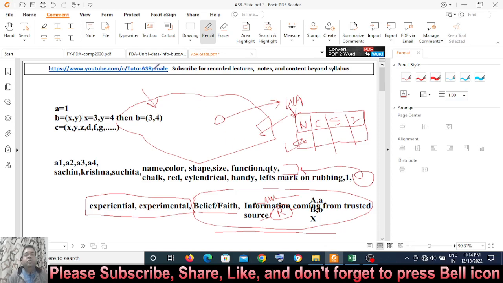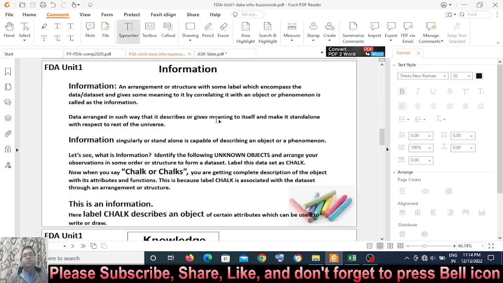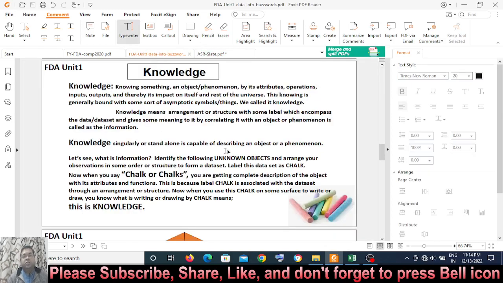Now let's go with the book classification of knowledge. What is knowledge? The definition of knowledge is knowing something. This something may be an object or a phenomenon, by its attributes, operations, inputs, outputs, and thereby its impact on itself as well as the rest of the universe.